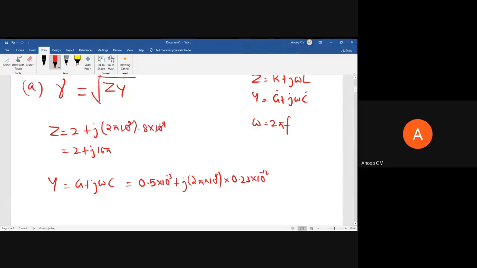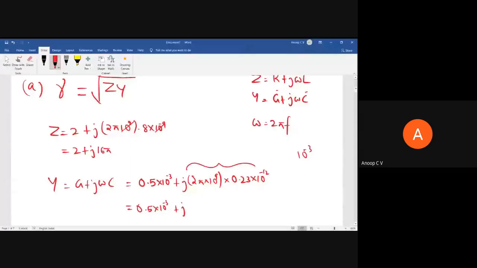Yes. Someone is typing it in. Now please help me simplify this. So it is 0.5 into 10 power minus 3 plus j into... if you simplify this, 10 power minus 12, so there will be 10 power minus 3 and 2 pi into 0.23. What is 2 pi into 0.23?